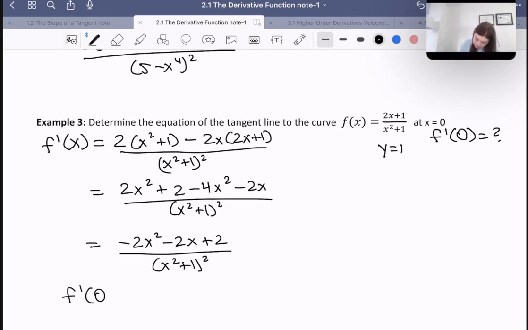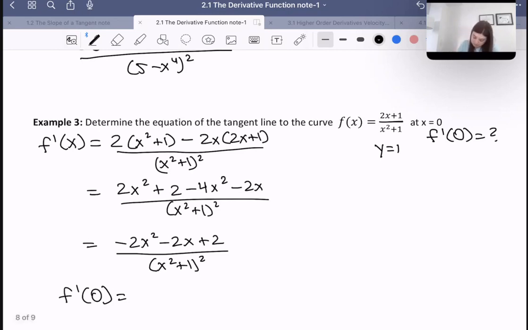So what is f prime at 0? What if we plug in 0 here? Well, we will just get 0 minus 0 plus 2 on the top, and on the bottom we'll get just 1 squared. So this is going to be 2 over 1, which is just 2. So therefore, the slope of the tangent line is 2.